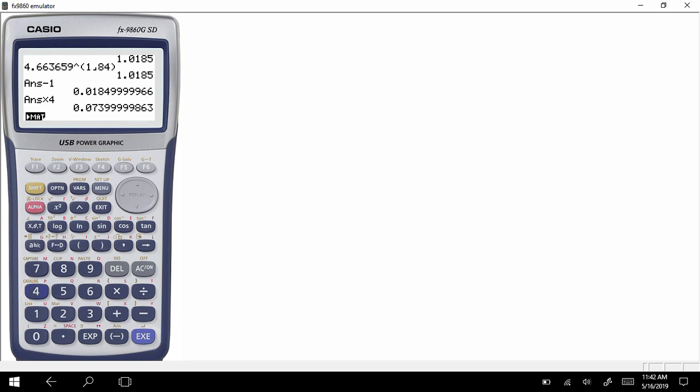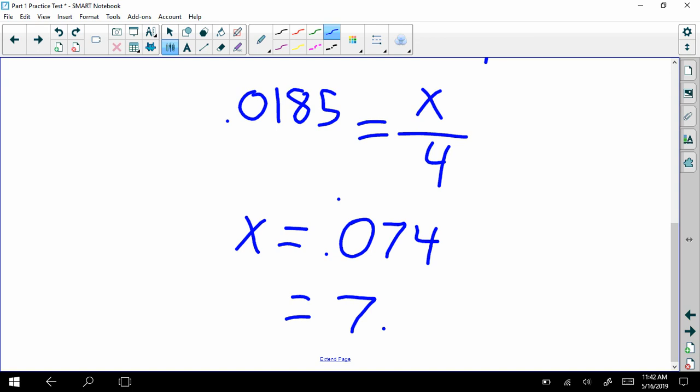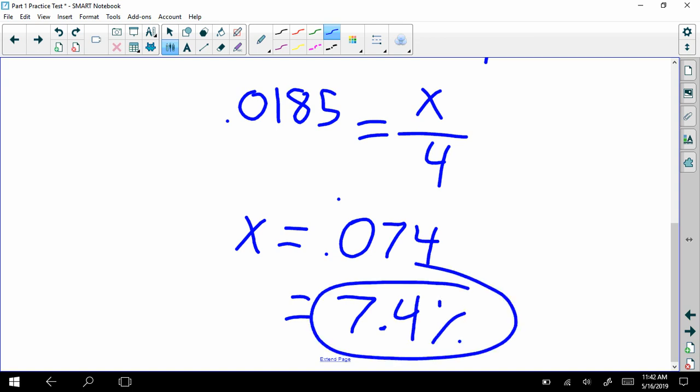So x equals 0.0739999. This is supposed to be a percentage though, so you rewrite that as a percentage. So that's 7.4%, down to the nearest tenth of a percent.